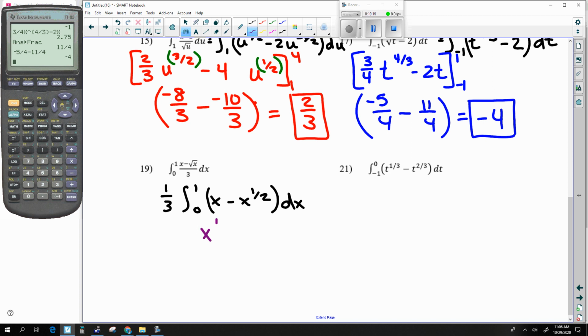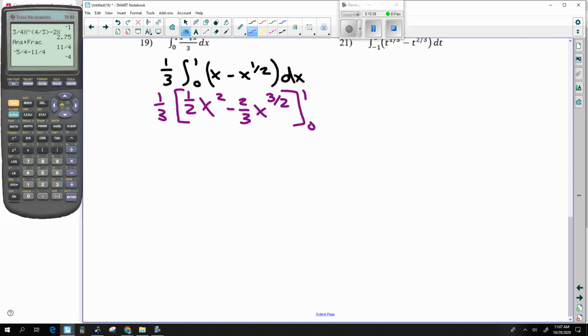So this is x, and again, x to the 1/2. This is x to the 3 over 2, so negative 2/3, from 0 to 1, times 1/3. So 1 is going to be 1/2 minus 2/3.